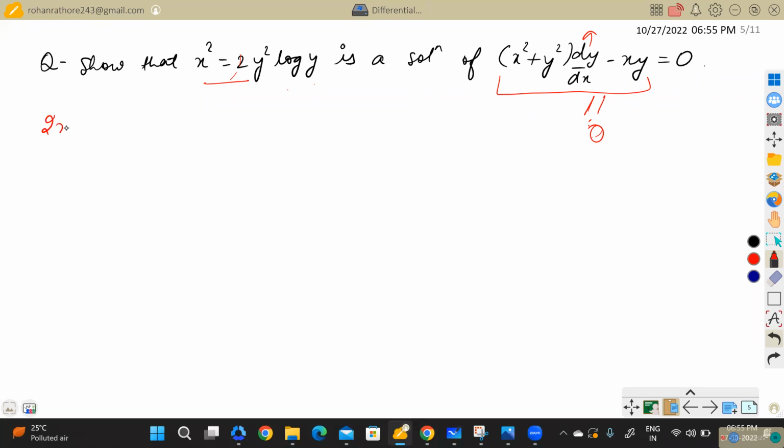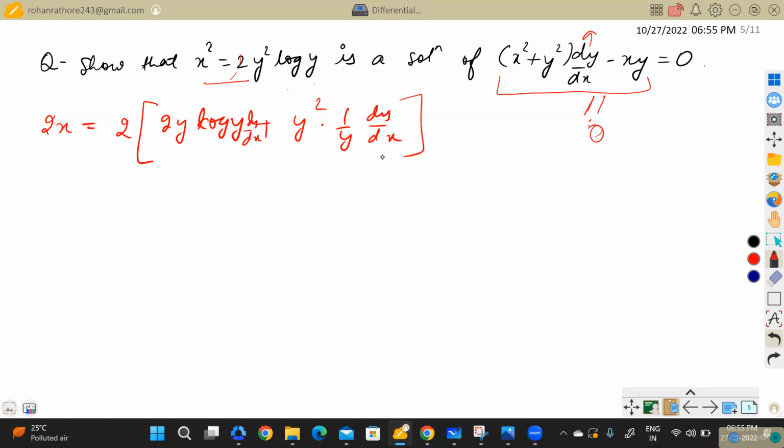So differentiate this to get 2x equals 2y log y plus y square into 1 upon y dy over dx, and here also we get dy over dx because we are differentiating y with respect to x. So we can cancel these twos, and we get x is y, 2y.